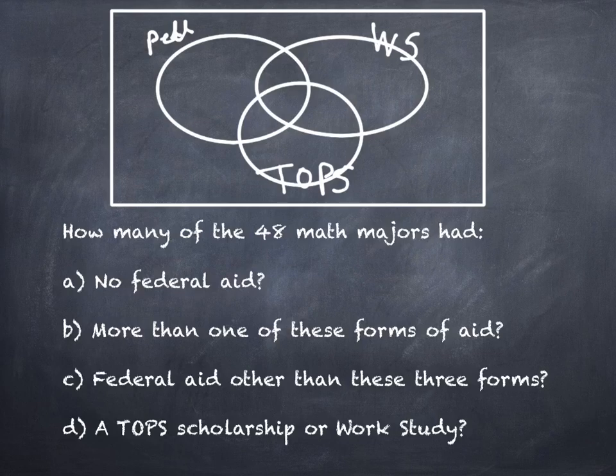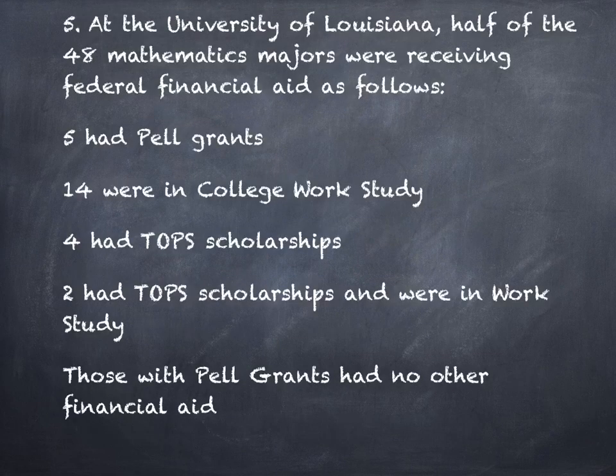All right, so now let's go back to the information we're given and decide what is the most useful from the start. What piece of that information helps us the most? The top scholarships and work study. Okay.